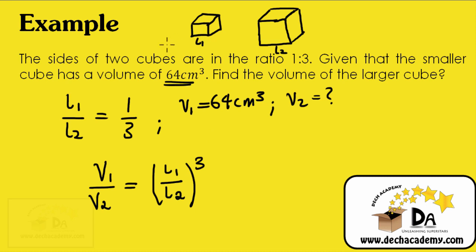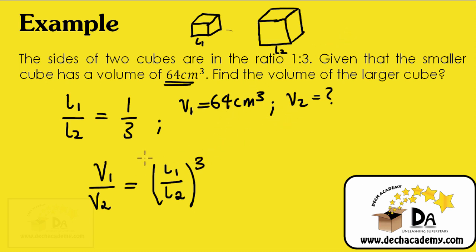Now, cubes are similar, and that's simply because all the corresponding sides of two cubes will always be in the same ratio, and the corresponding angles will be equal. I'll demonstrate that shortly, but let's just proceed.